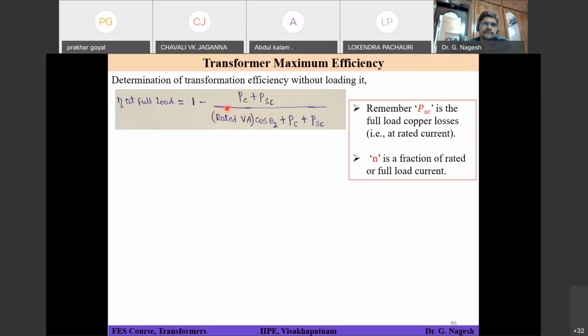So rated volt amperes into cos theta will give you the rated output power in watts. If current is only some fraction, that means N times that of IFL, then how will this be altered? What will be this value? You are understanding the question, right?